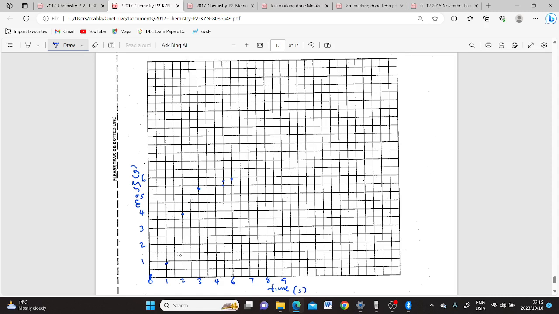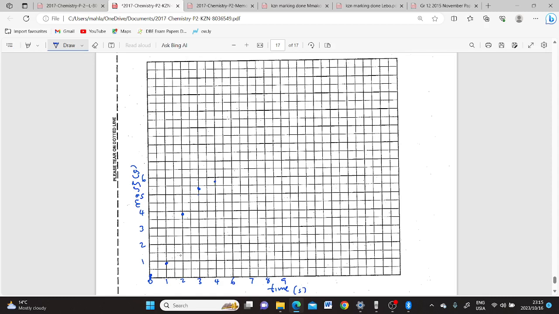Then after 7 seconds, we're having 5.9 again. At 8, 5.9, at 9, we have 5.9. Sorry for this, let's put it nicely. So there is an error here. After 4 seconds, it is 5.7.